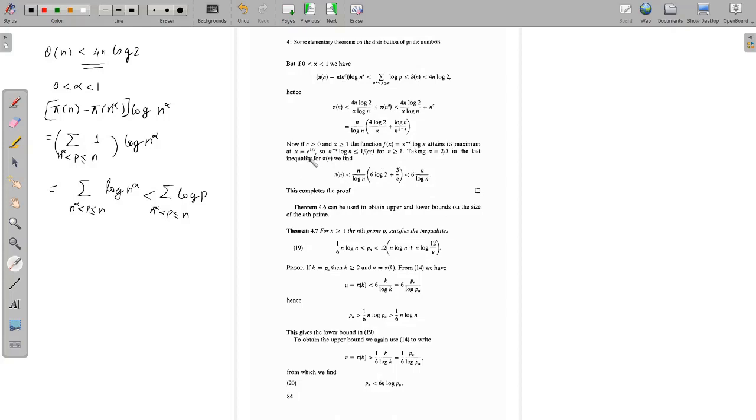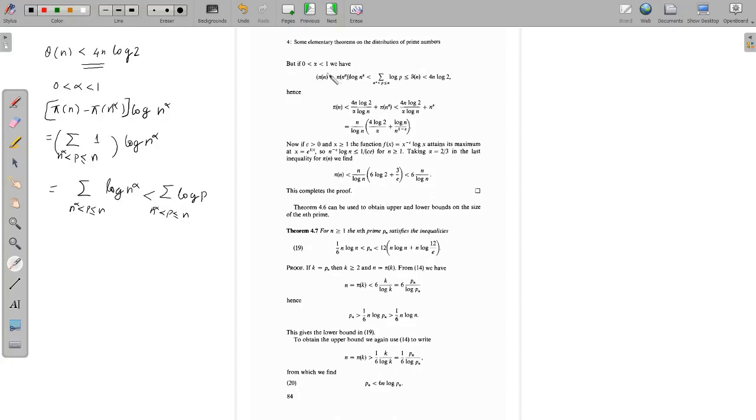So for every x, x raised to minus c log x is always less than or equal to the maximum value, that is 1 by ce. That is true for every n, so n raised to minus c log n is always less than 1 by ce for every n greater than or equal to 1.